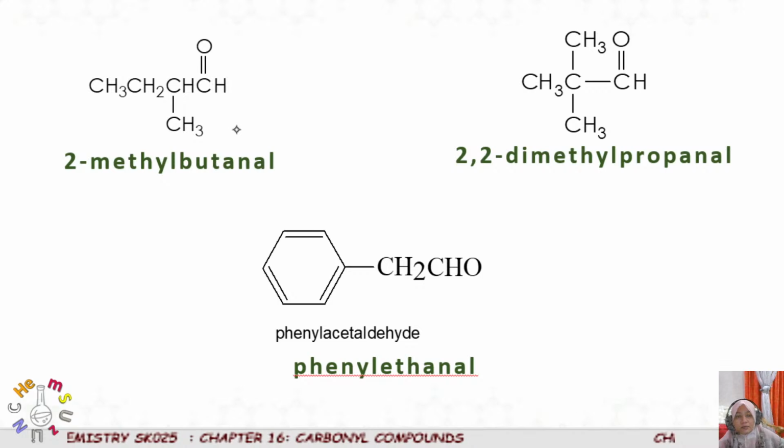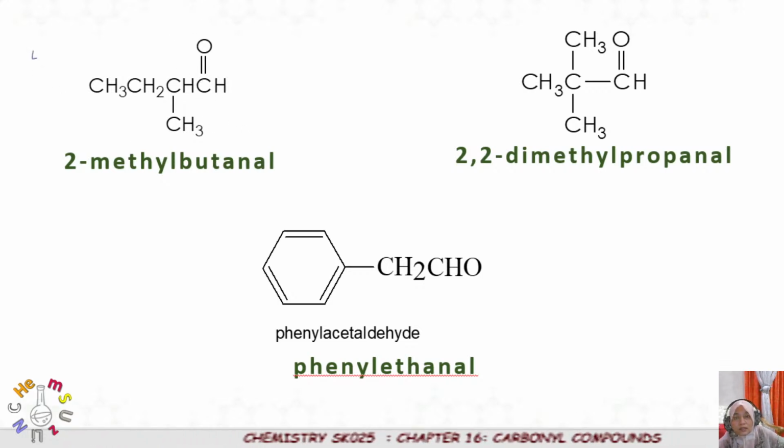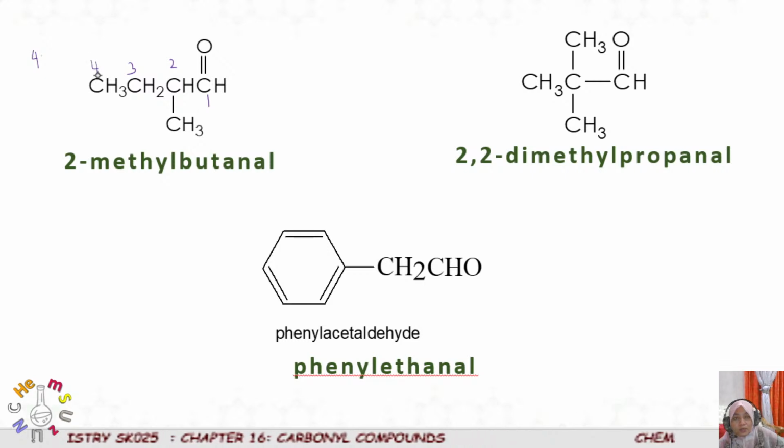Next example, number 4. We have one carbon, two carbon, three carbon, four carbon. We always give the carbon with the C double bond O the lowest possible number.